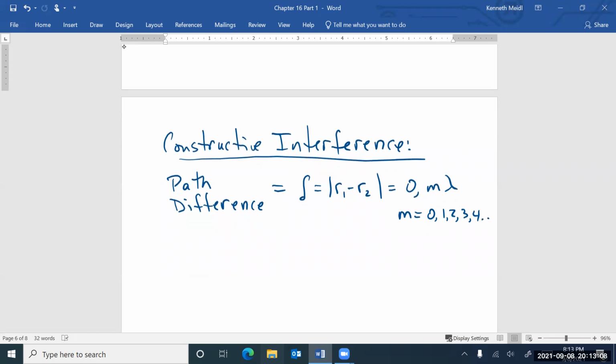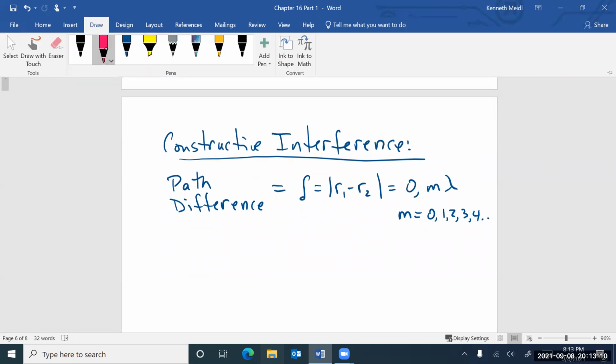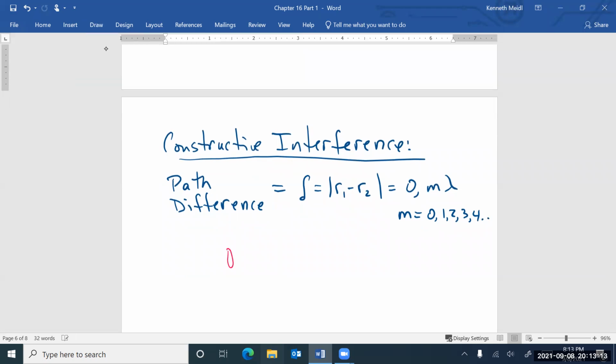And so what we really mean here, to get the math to match up, is this: this is a speaker. Here is one path. Here's another speaker. Here is the other path.